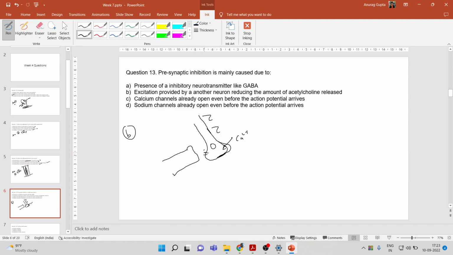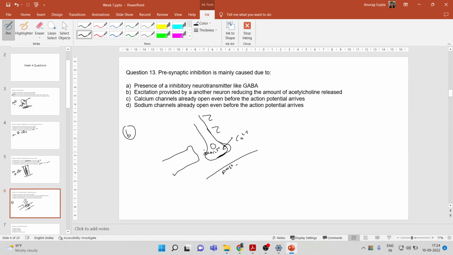So some amount of calcium is going in because of this particular neuron. This is all happening in the presynaptic region. This is the synapse and this is the postsynaptic region, which can be another neuron or a muscle fiber, the postsynaptic membrane.